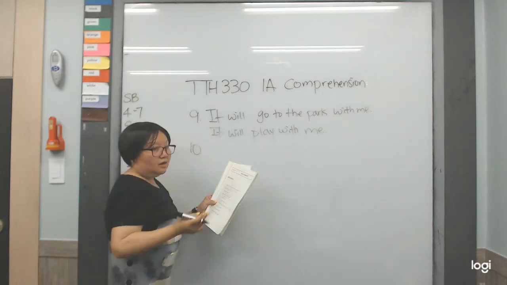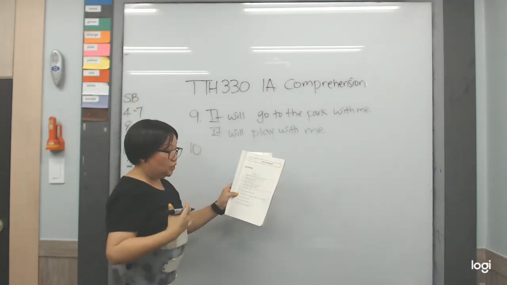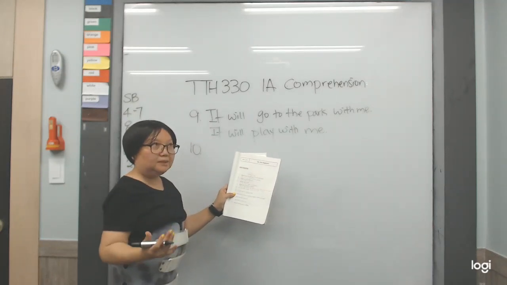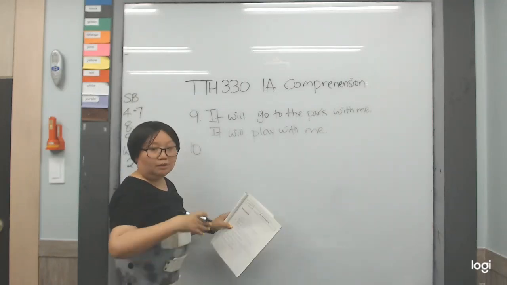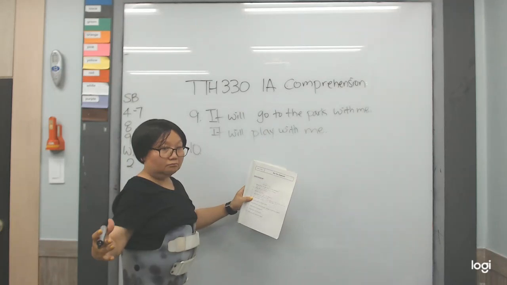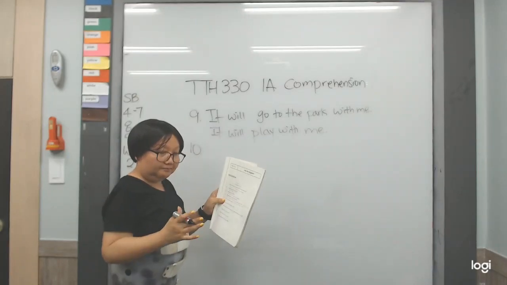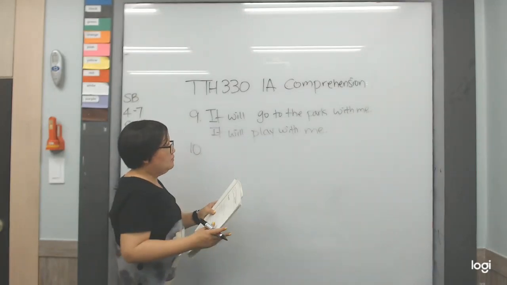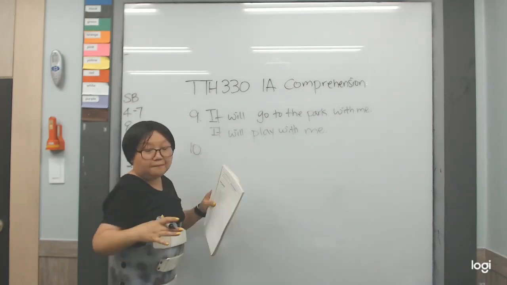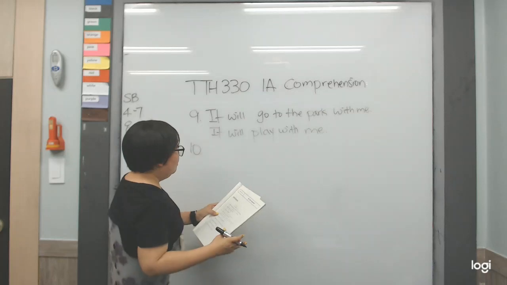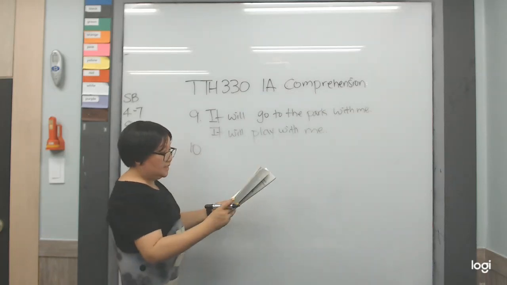The last question, everybody, will your animal be big or little? If you want to have a dog, do you want to have a big dog? Or do you want to have a small dog? Do you want to have a big bird? Or do you want to have a small bird? So what will your pet be?